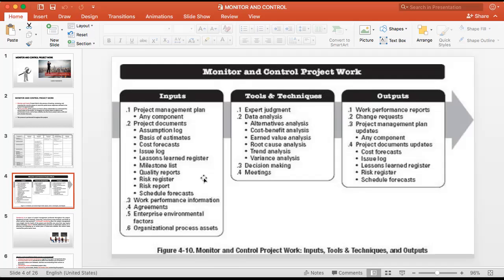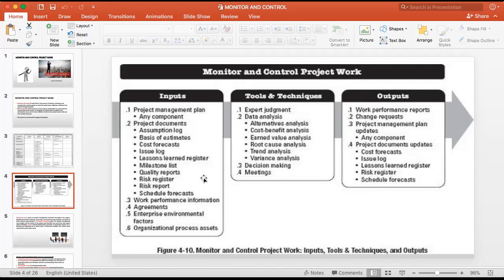So we take these project documents as an input, because it is very important to take decisions, because we have taken some decisions in these documents. So those should be considered as input to your monitoring and control process.